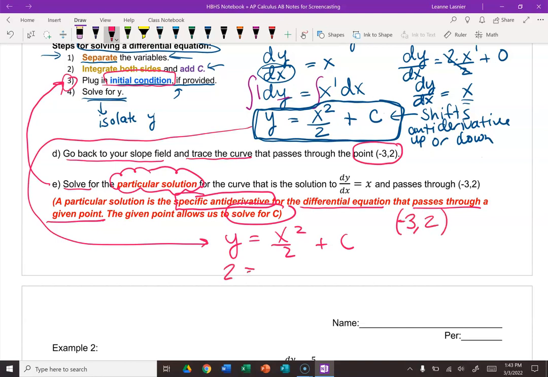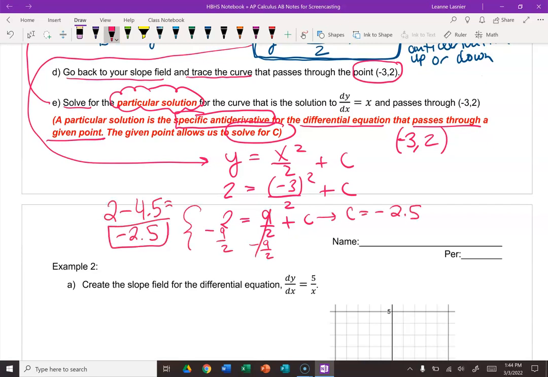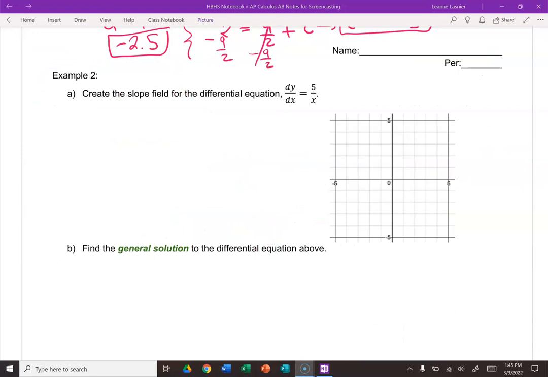So I'm going to plug in 2 for y and -3 for x, and then solve for c. Okay, so I found out that my constant is -2.5, so my particular solution would be the x squared over 2 minus 2.5 equation.